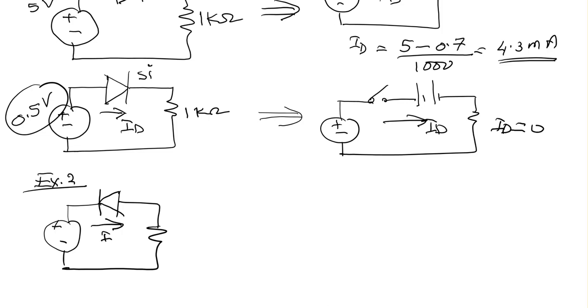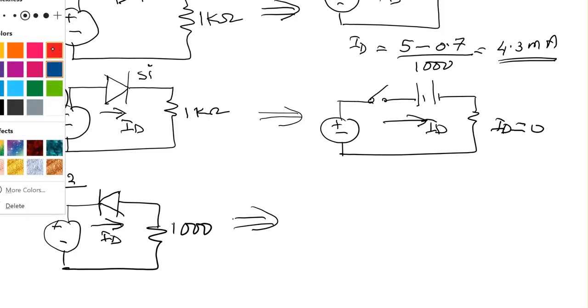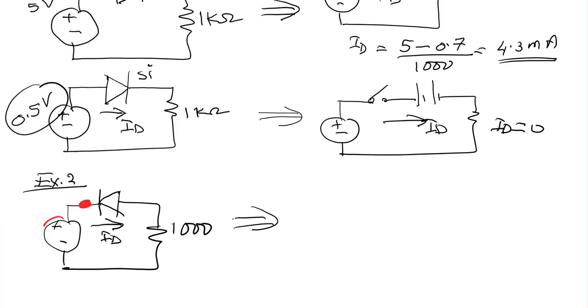Now what will be the current ID? I know that in this case I will not have any current because simply the diode is reverse biased. You can see that in this case the voltage, let me just draw here with a different color of the pen, we know that the voltage at this point is plus, let's say this is 5 volts, and this is 0, so this will be much higher than this one, and therefore the diode will be reverse biased.